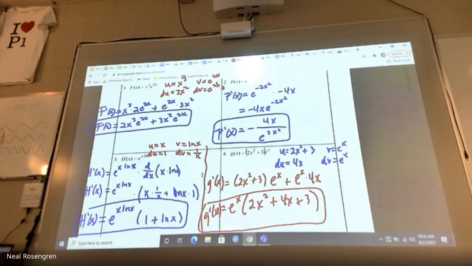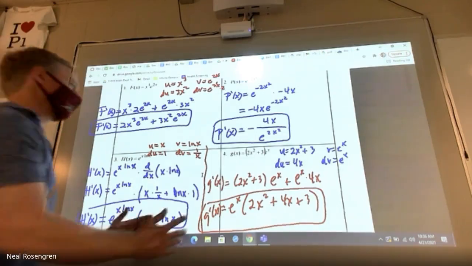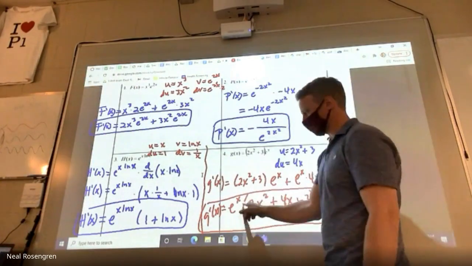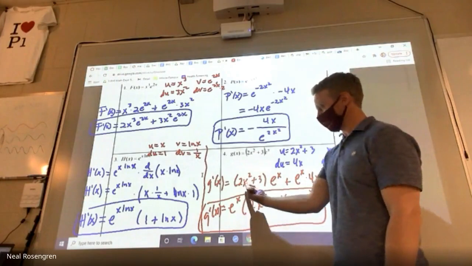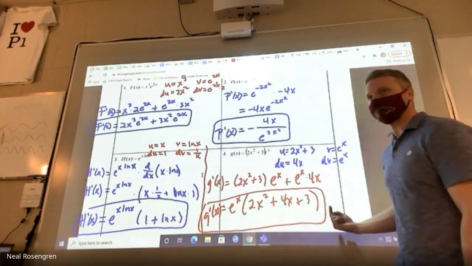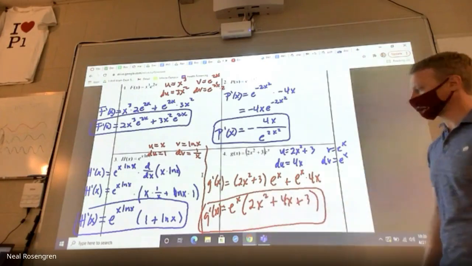So I actually decided to factor out the e to the x that I saw was in common between this term and this one. So there it is factored out, and then I looked at what was left. 2x squared plus 3 plus 4x. I just put them in a nicer order. 2x squared plus 4x plus 3.